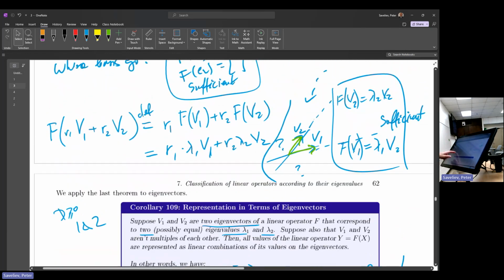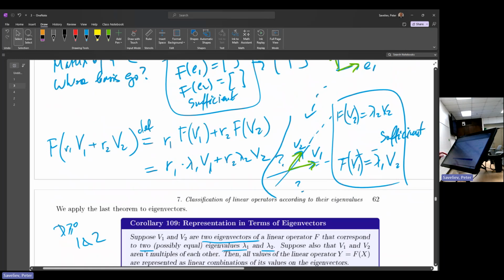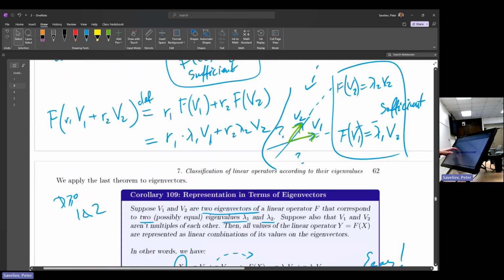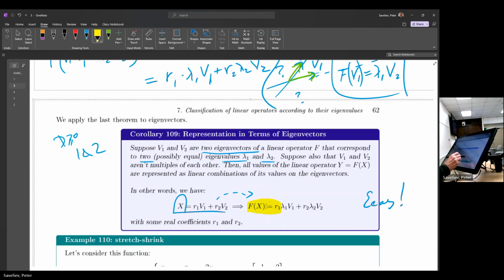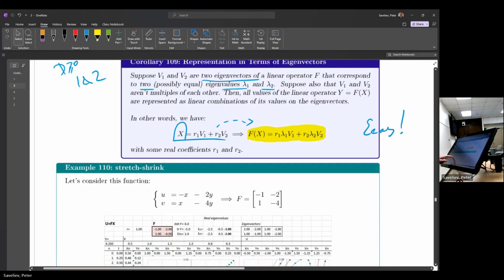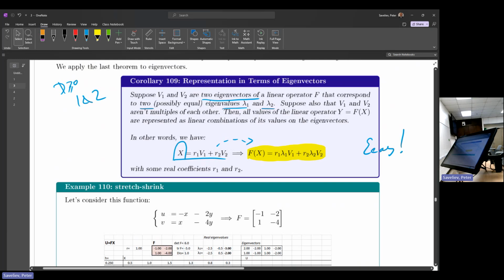Then we can express every vector in terms of the eigenvectors, and the formula that comes out is this: two eigenvectors and their respective eigenvalues, and then we know where x goes.